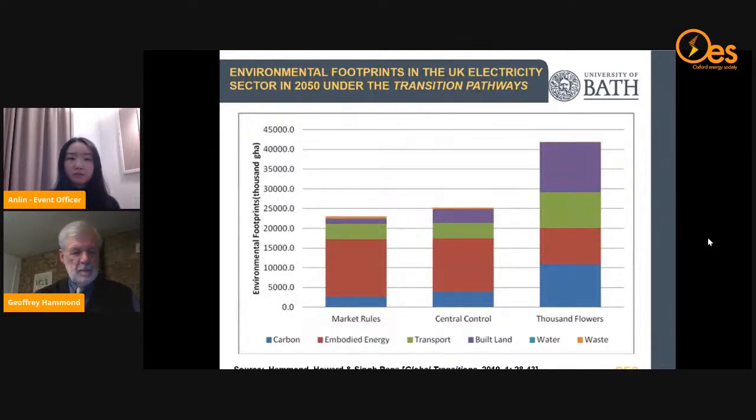Next slide, please. And the final one I want to show on this group of slides is this one, which again shows market rules on the left, central coordination in the middle, and Thousand Flowers. And again, the message here is that out in 2050, if we were to have the sort of pathways that I projected, or that the consortium projected, Thousand Flowers gives you quite a large environmental footprint.